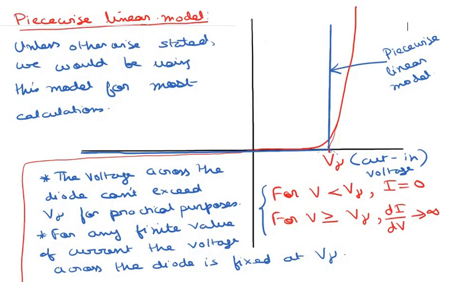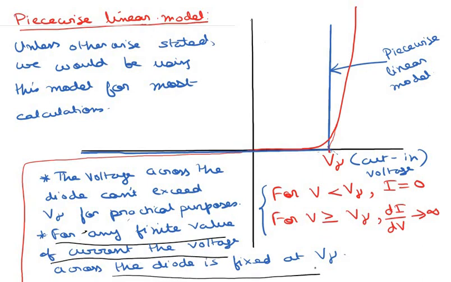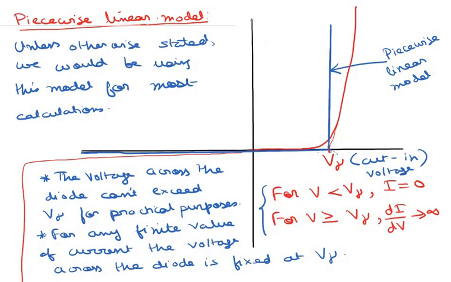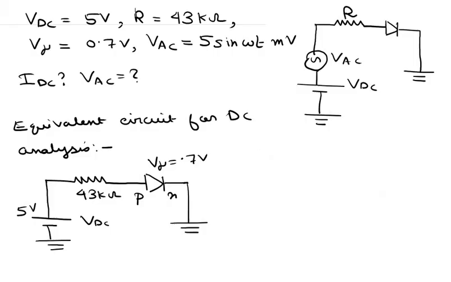So if you have forgotten, let me remind you from a previous slide that I wrote. For any finite value of current, the voltage across the diode is fixed at V gamma. So if current is flowing through the diode, then the voltage across the diode is basically fixed at V gamma.